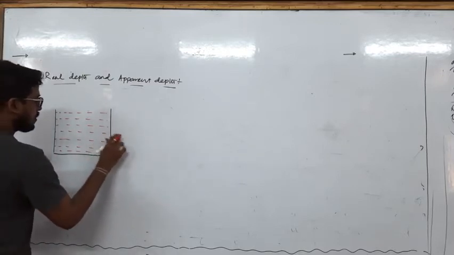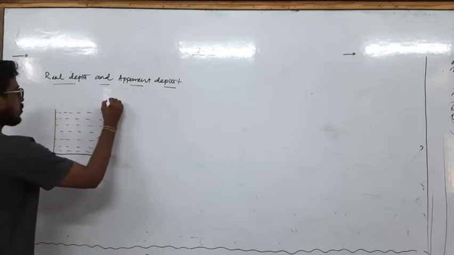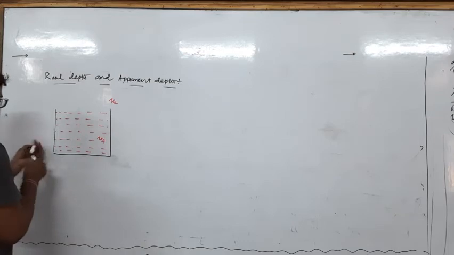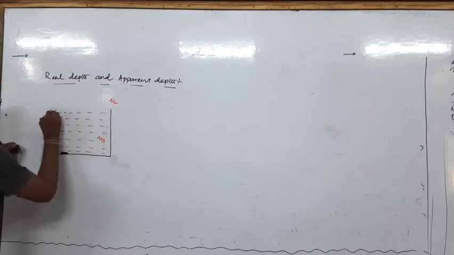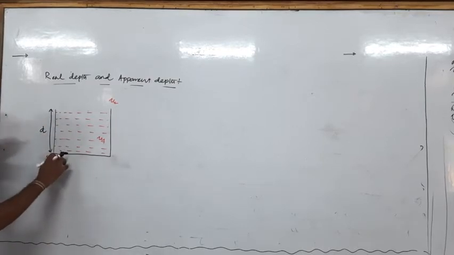This is the refractive index of the liquid, mu1, and the surrounding has refractive index mu2. And here is a coin placed at the bottom, and the total depth of this liquid is d, which is the actual depth of this coin. It's a coin.